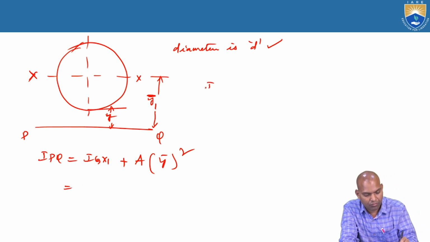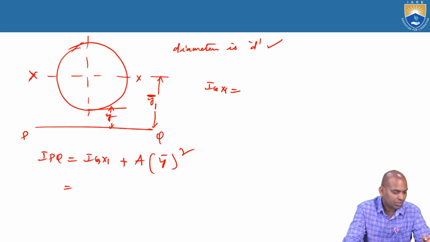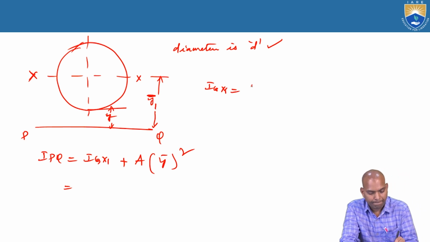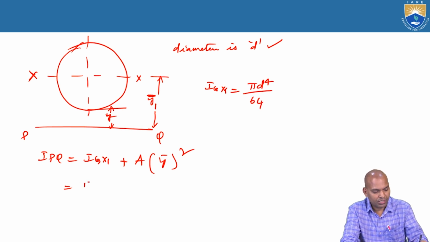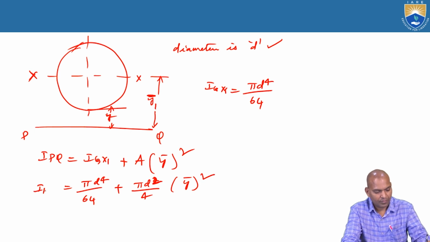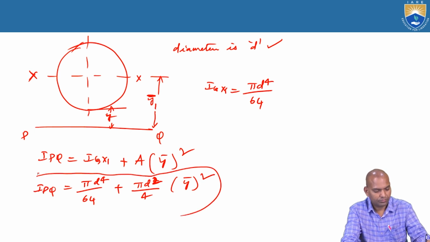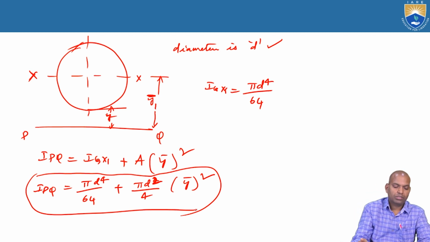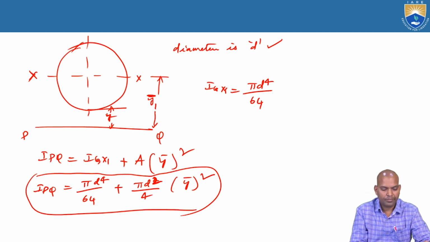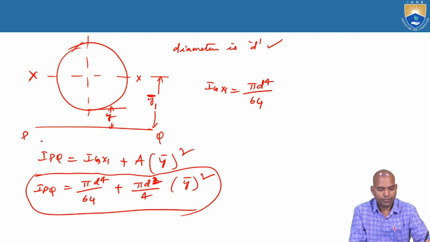IGX1 equals pi d power 4 by 64. Substitute pi d power 4 by 64. The area is pi d square by 4, or pi r square, times bar y square. That is IPQ. So this is the moment of inertia of a circular section about the line PQ, considering diameter d.